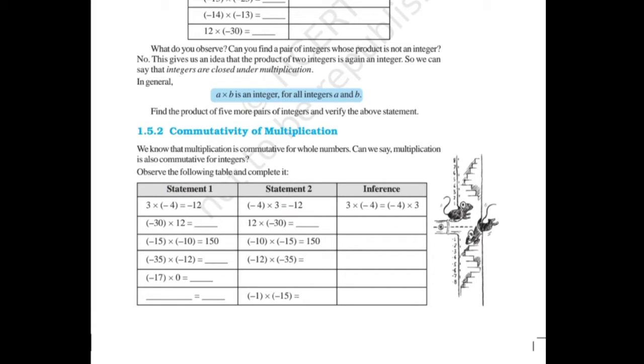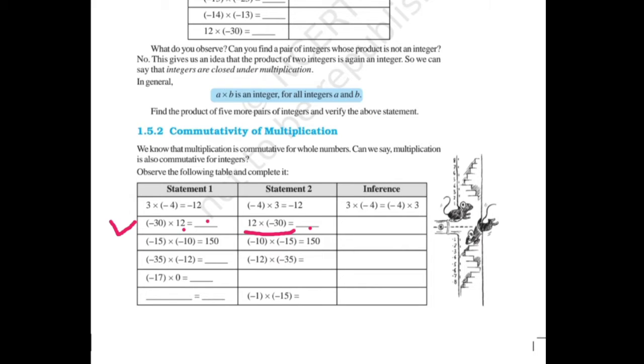Now same example, minus 30 multiplied by 12 equals minus 360. And here if we multiply in different order, first we multiply 12 multiplied by minus 30, then the same answer comes, minus 360. So both answers become same.